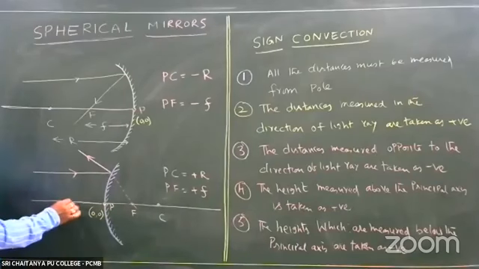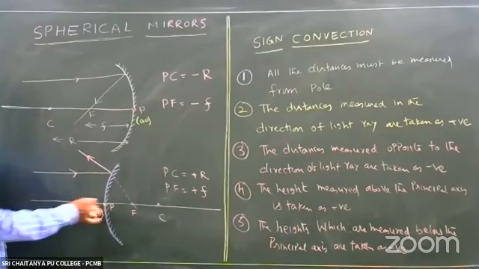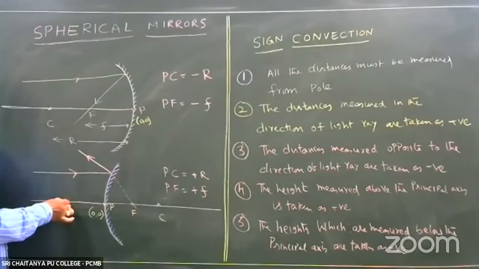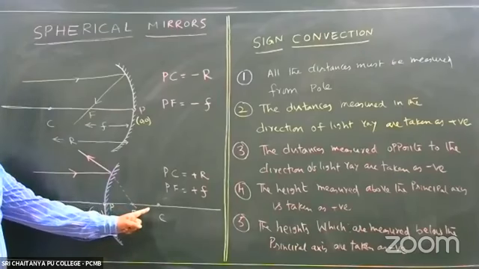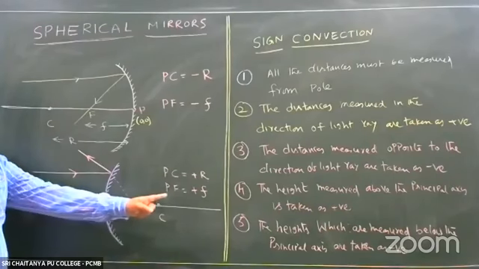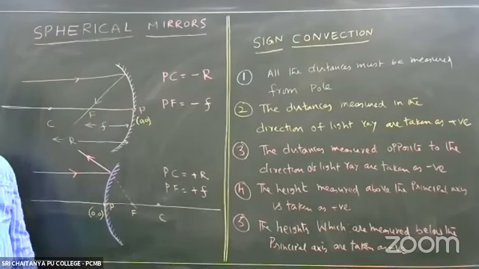If I keep the object here, then P to object is opposite to the direction of light ray, so object distance is taken as negative. If I keep the object here, then in the direction of light ray, the distances are taken as positive, object distance is taken as positive.